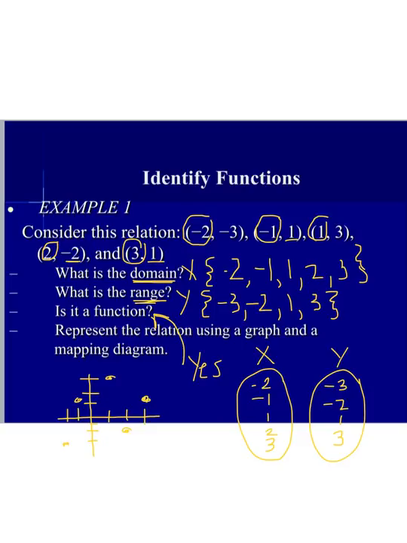And then the last thing you would do is connect the x with the y value. So negative 2 needs to go with negative 3. You're going to just connect it with an arrow. Negative 1 goes with 1. Again, an arrow. 1 goes with 3. 2 goes with negative 2. And then last but not least, 3 is going to map to 1 as well. So your 1 will have 2 arrows coming into it.